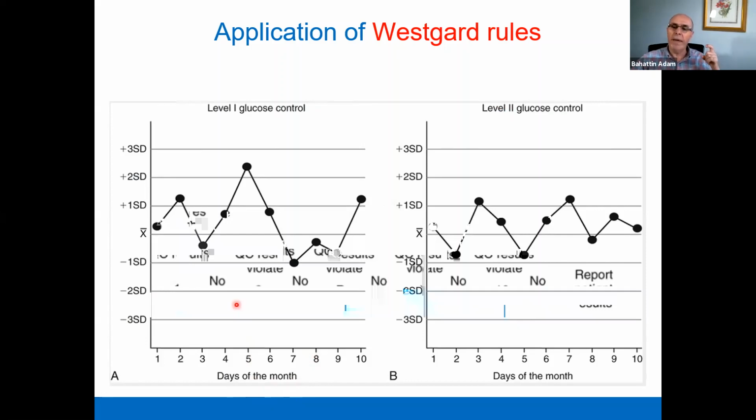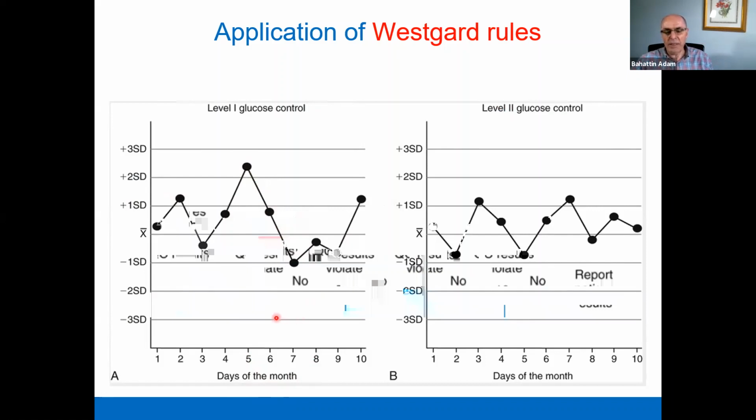If you accept 2 standard deviations, one of your controls is out of the range, which violates the Westgard rule.